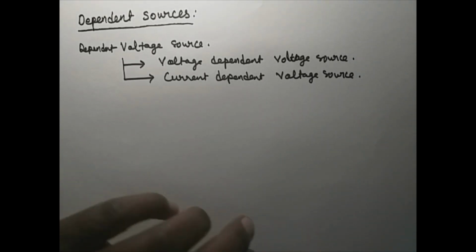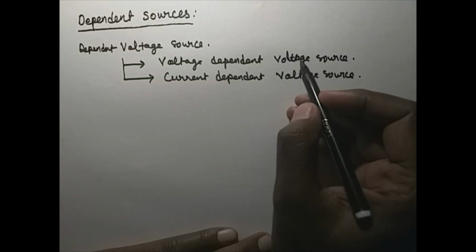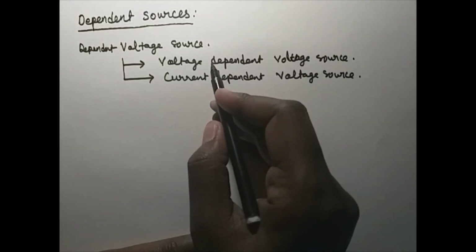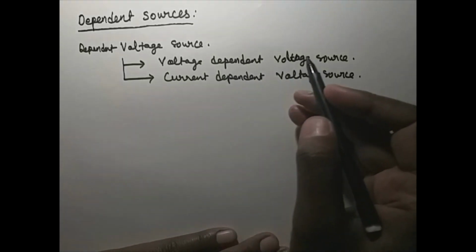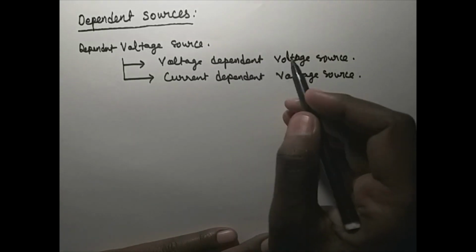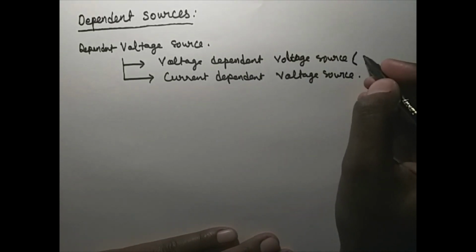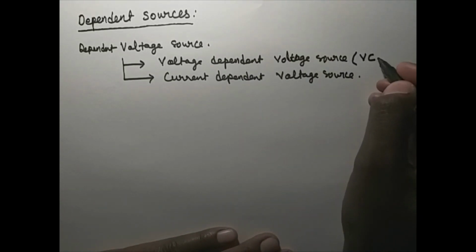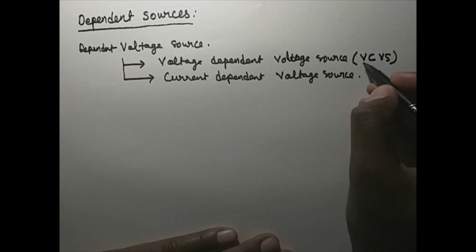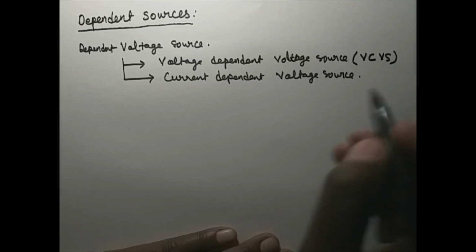It means if the voltage value of a voltage source depends upon some other voltage of the circuit, then such a dependent source will be called a voltage dependent voltage source, or in short VCVS, means voltage controlled voltage source.